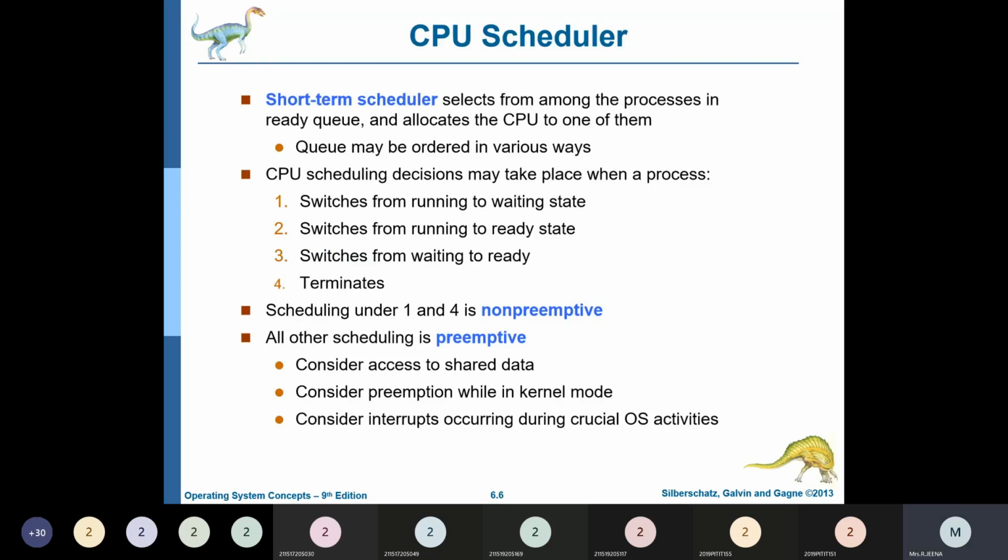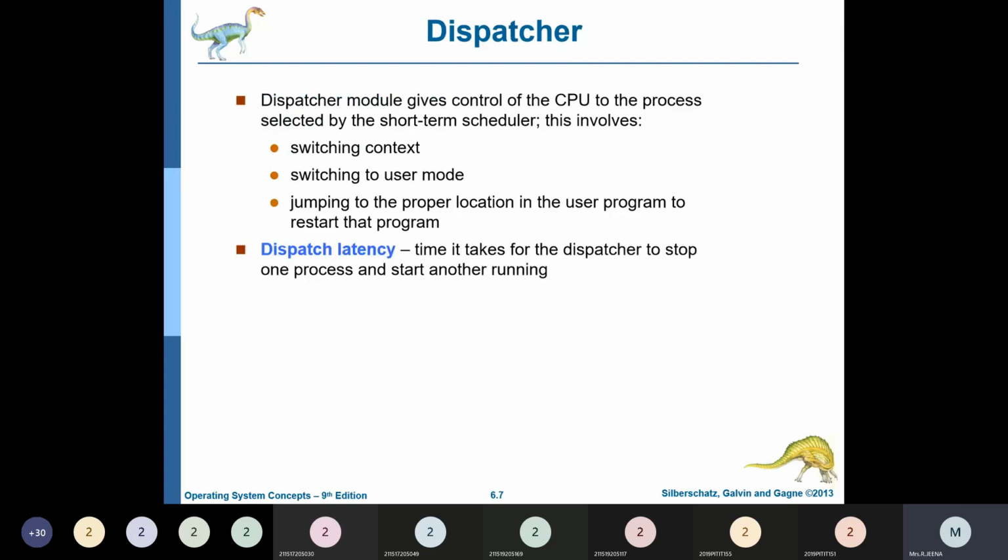It has to complete its process, come out, and then the next goes. We cannot forcibly terminate it in the middle of execution. The dispatcher is used to give control of the CPU to the process selected by the short-term scheduler.